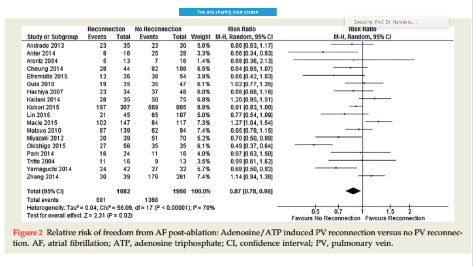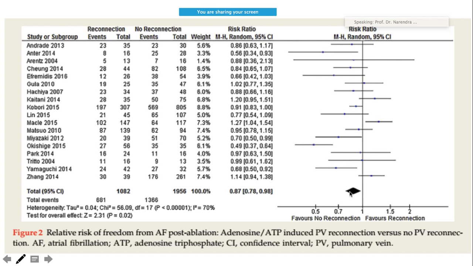And in a forest plot, you try to see the trend. So for example, different studies are there, they are showing the relative risk ratio. Isn't it? So this block, called the forest plot, will show you the overall trend over here. So how much is it? The studies are favoring no reconnection on an overall basis.